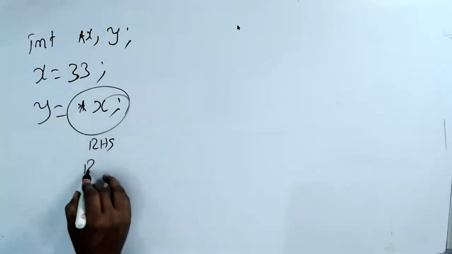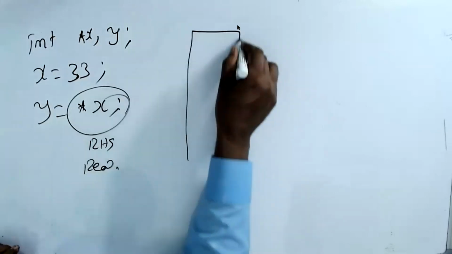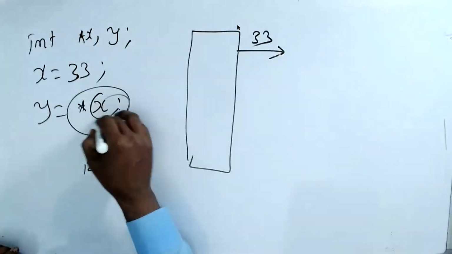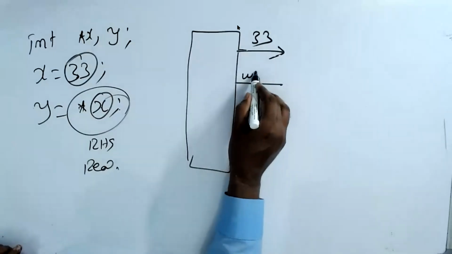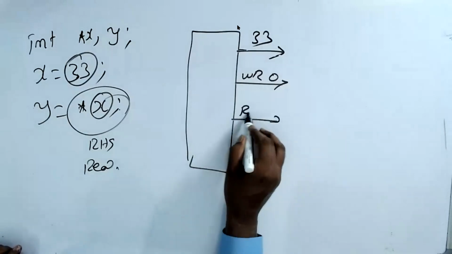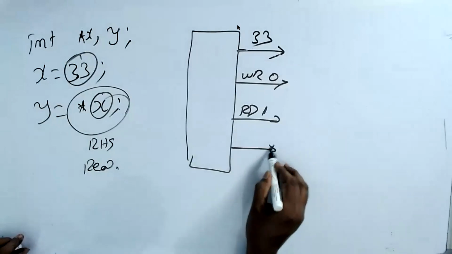Let's read. What the microprocessor will do now: it puts the address as 33, because x is 33. Then it puts write 0. I'm not writing, I'm reading. Read as 1, and then data.